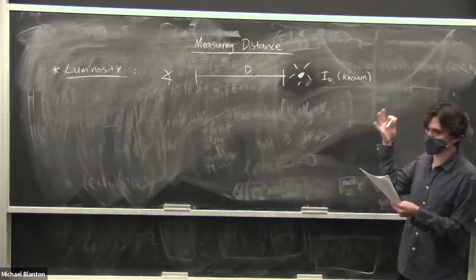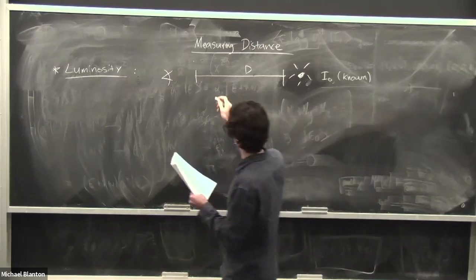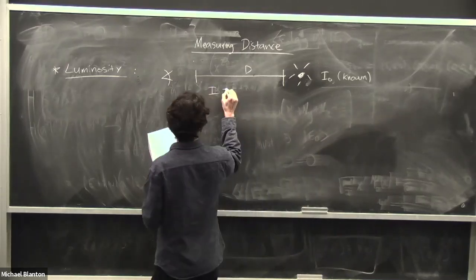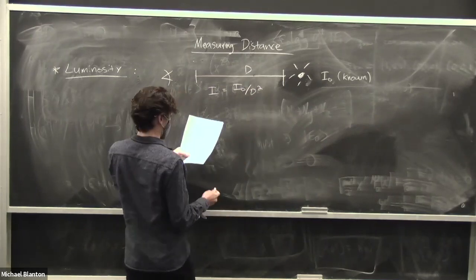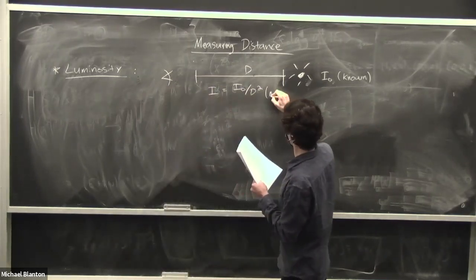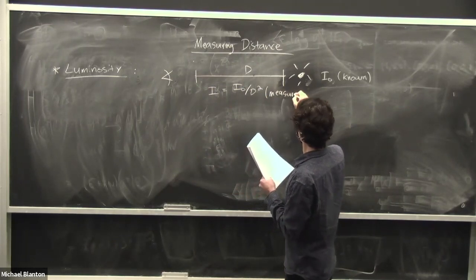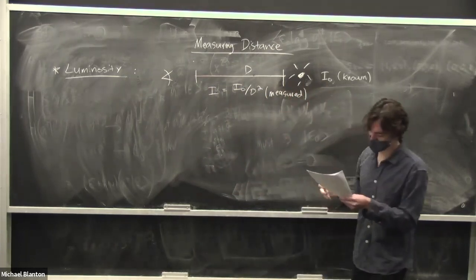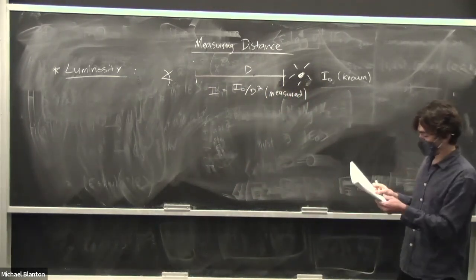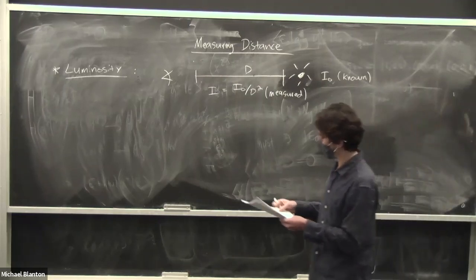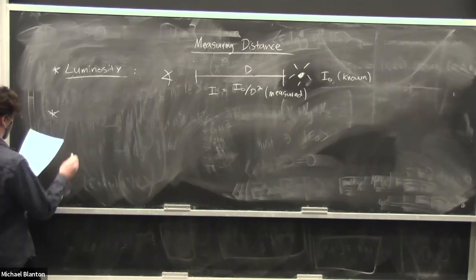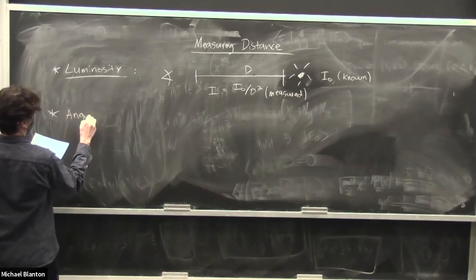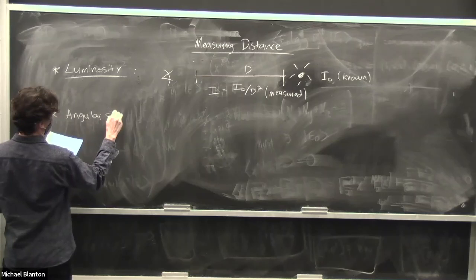If you can look at an object that has a known intensity, and you measure its intensity where you are, this is a cartoon explanation of one class of distance measurements, just looking at apparent luminosities of objects. There's also, at a similar cartoon level, just looking at angular sizes of things.